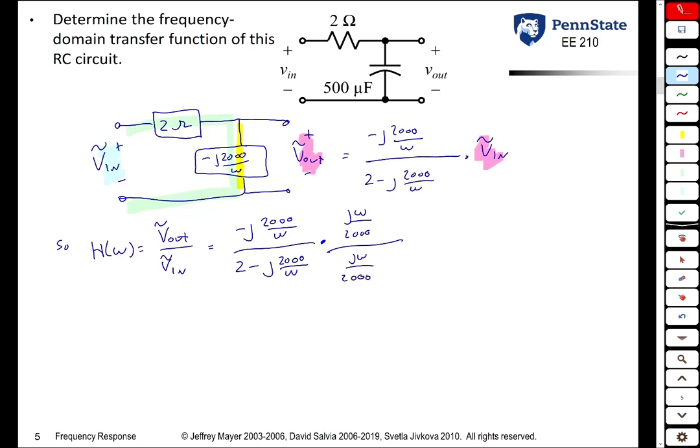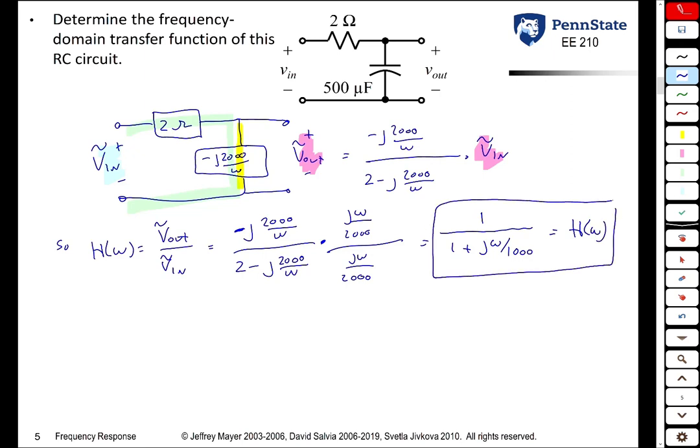So we're multiplying it by 1. But this turns the numerator into 1. j squared is negative 1, so that negative cancels with the negative that's already there, and we get positive 1. And in the denominator, we get 1 plus j omega over 1000. And once again, we're going to call this our transfer function H of omega.